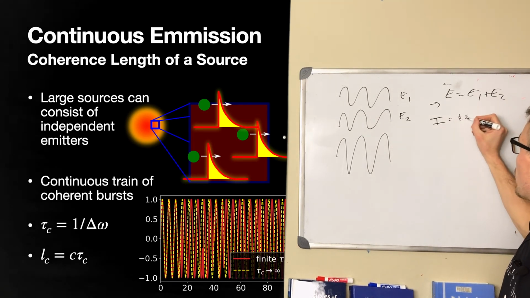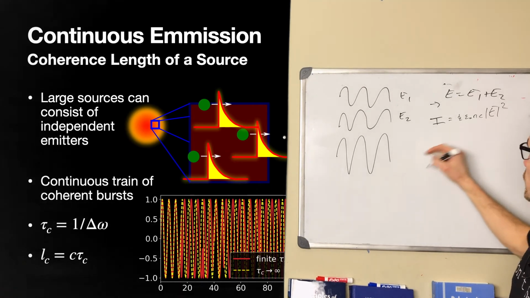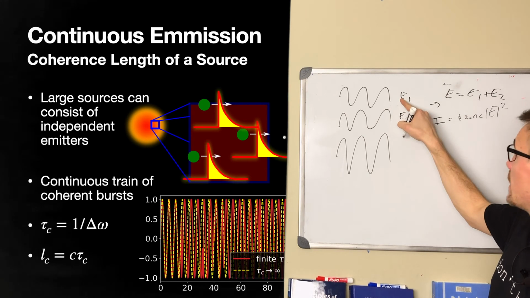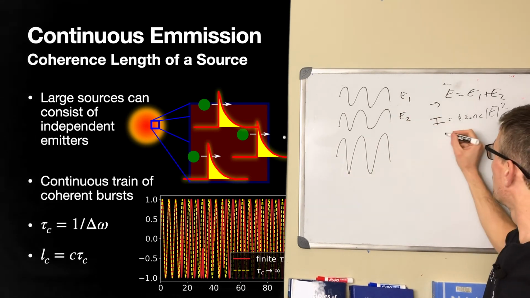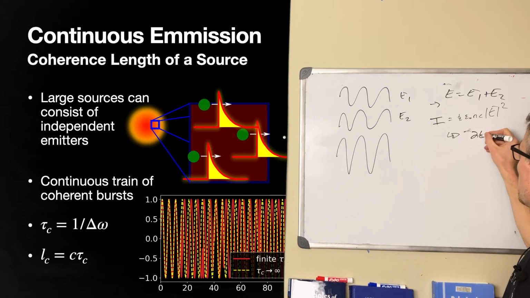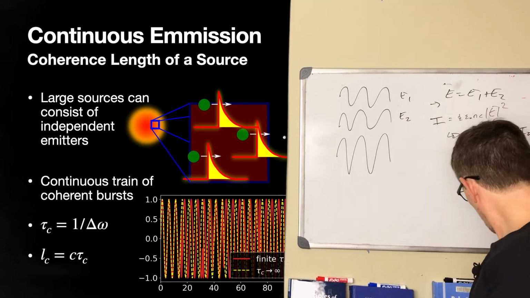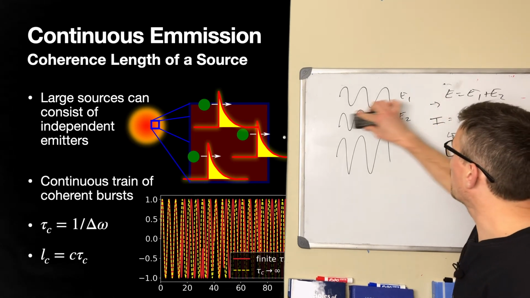It's 1/2 epsilon naught n c times E squared. So if each one of these has the intensity I, if I add them up, E goes to E1 plus E2, so 2E, and with the stuff out front, that's 4 times the original intensity. On the other hand, I can be completely out of phase.